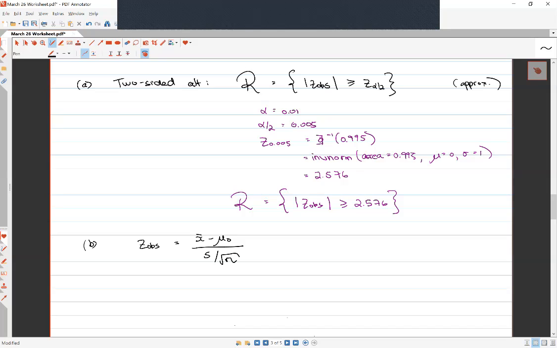Again, s, because that's the information we've been given. We don't know the population standard deviation. We do know it for the sample. And that doesn't really affect anything here because our sample size is large enough that the normal approximation would hold either way. So plug in the observed values.